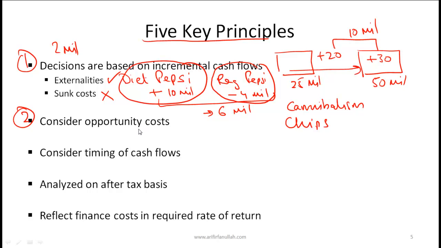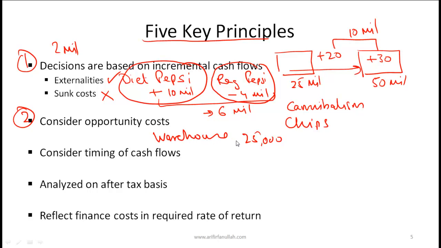So for example, if you are running a business out of your parents' warehouse, so your parents have a spare warehouse that you could rent out for, let's say, 25,000 rupees per month, but instead you decide to run your own trading business out of this warehouse, and clearly let's say that your parents do not let you use this warehouse for free.